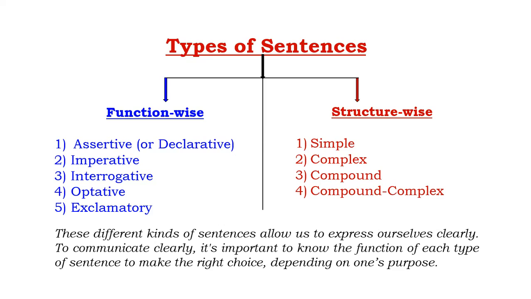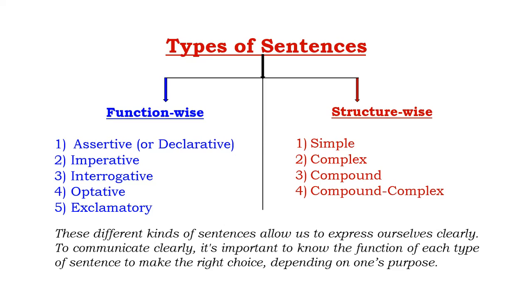Here comes the classification of sentences. Sentences can be broadly classified into two types. Firstly, on the basis of the kinds of messages they convey and purposes they serve, that is function wise, and secondly on the basis of the structure of their clause, that is structure wise.